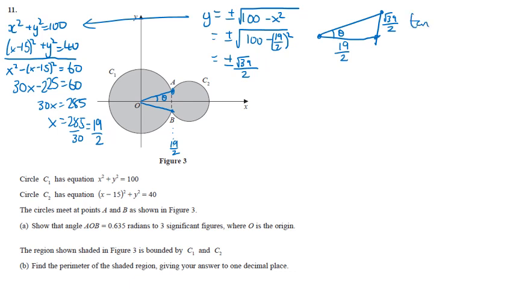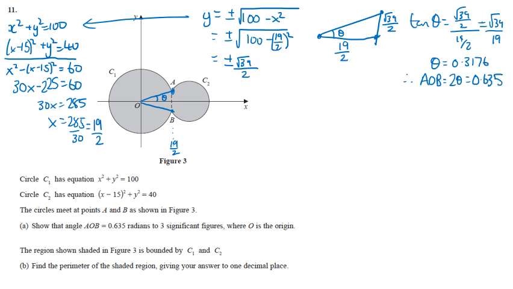So we can say that tan theta is opposite over adjacent, so the 2's cancel, and we've got root 39 over 19. So theta is equal to, if I do inverse tangent, 0.3176. Therefore angle AOB is twice that, because we split it in half. To three significant figures, that's 0.635 radians, which is what we're after.